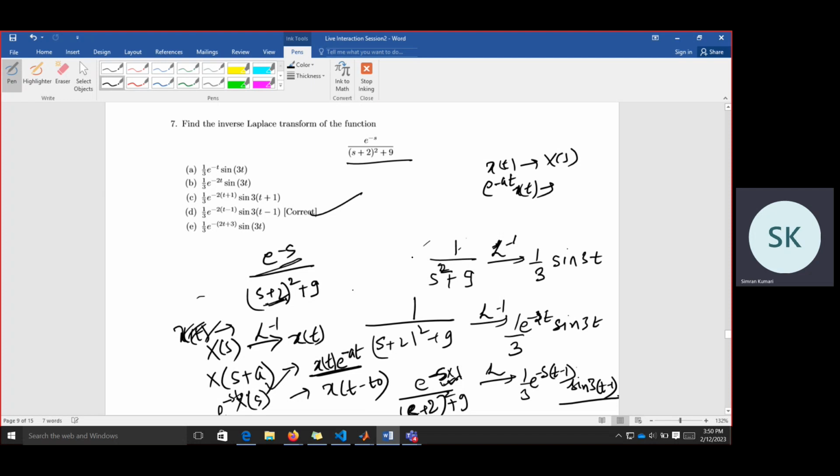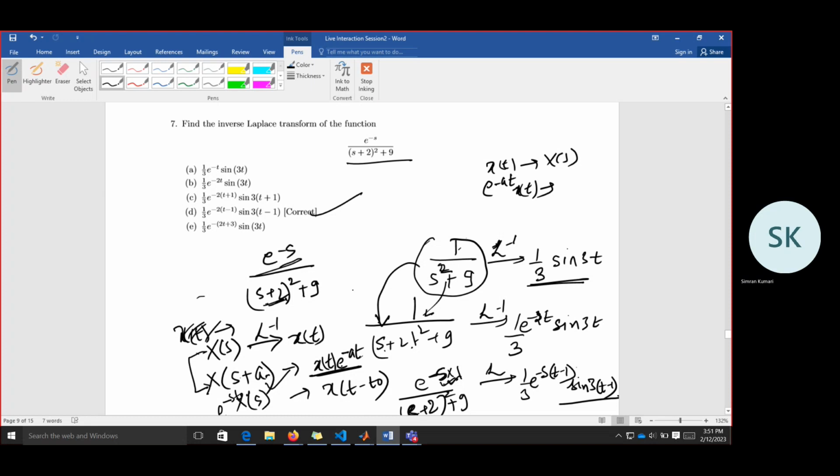Now this is the Laplace transform of a signal, and we get this signal. This Laplace transform has been modified by taking s plus 2 in place of s. This is X(s), and now this is s plus a. A is minus 2.